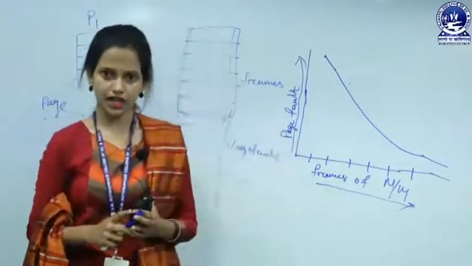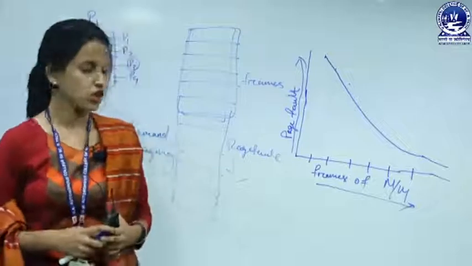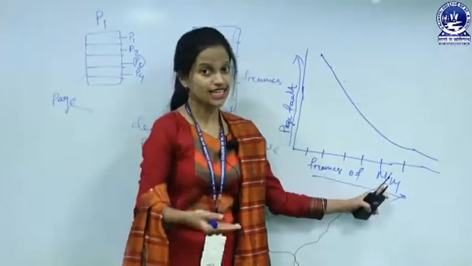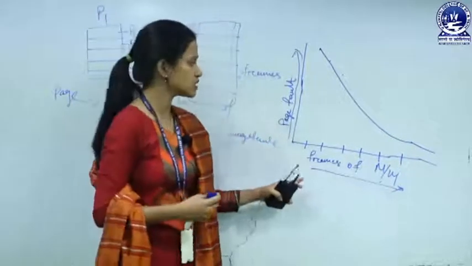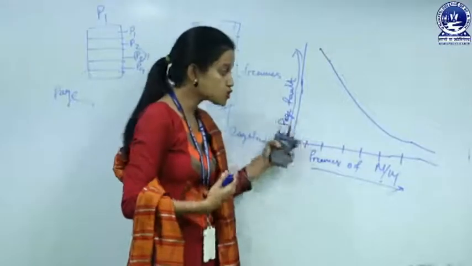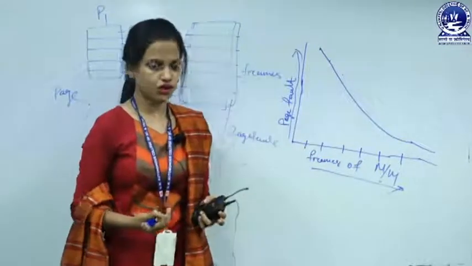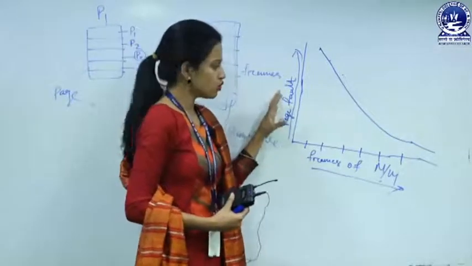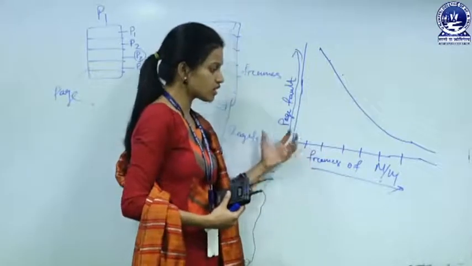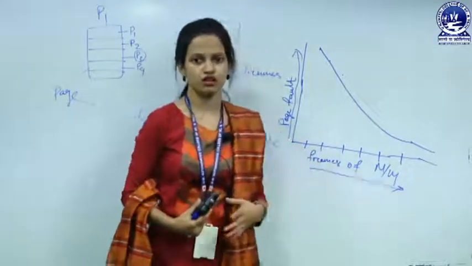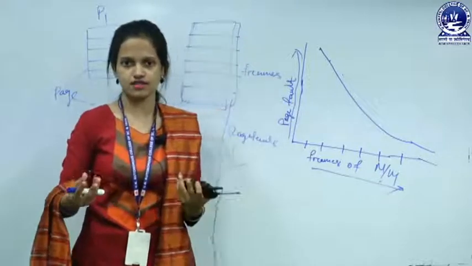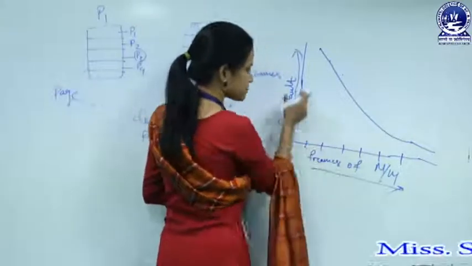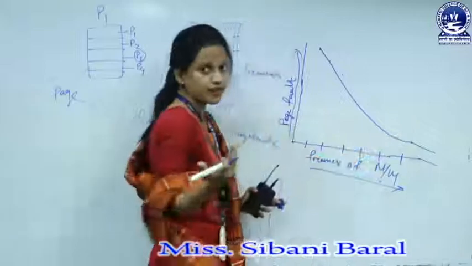But in some cases it may happen that when the frames of the main memory are increased, the page fault also increases. Obviously that is an abnormal case, because we know that when the frames of the main memory increase, page faults should decrease.